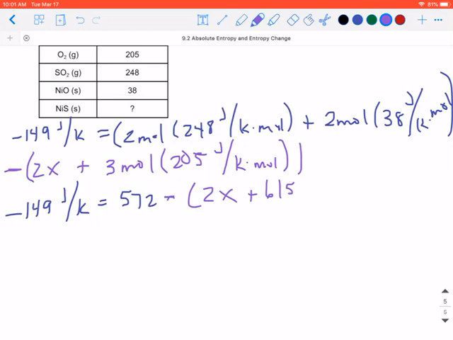Let me actually erase this and put some units on my numbers here so it's easy to follow for you guys.